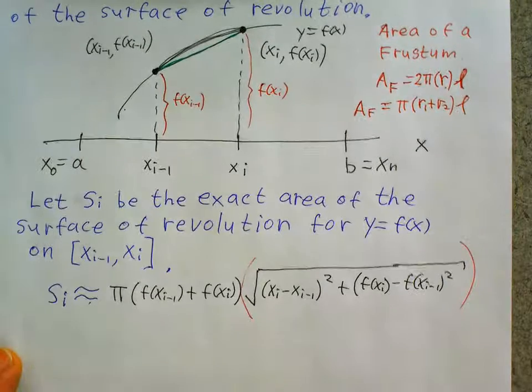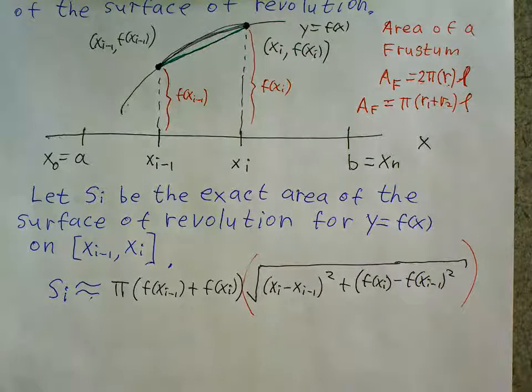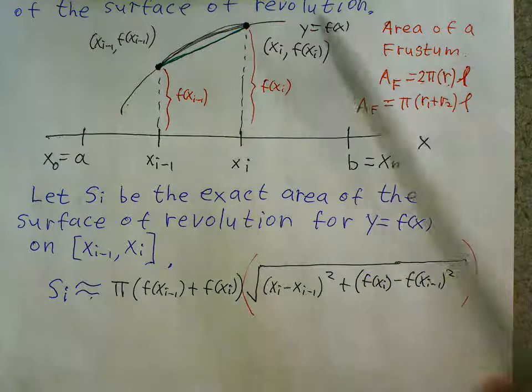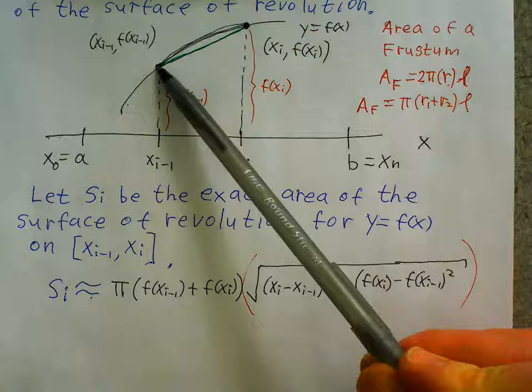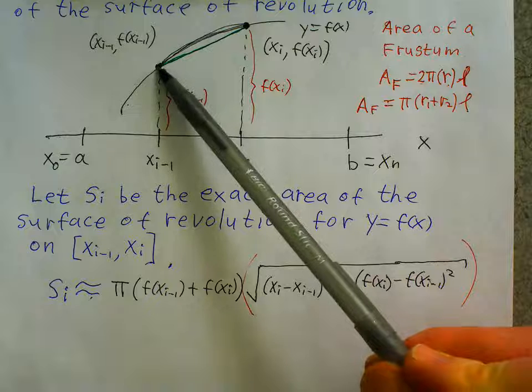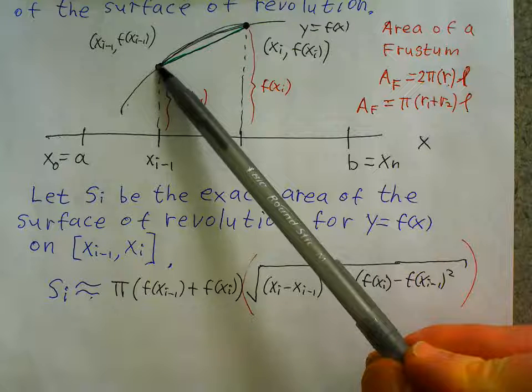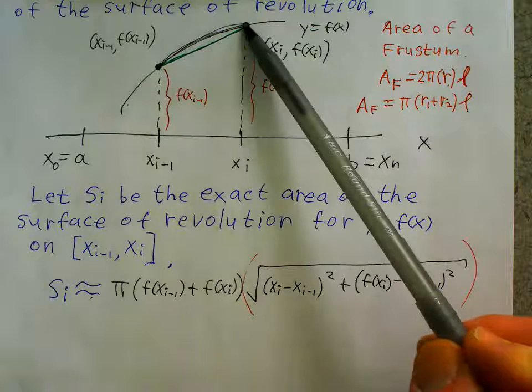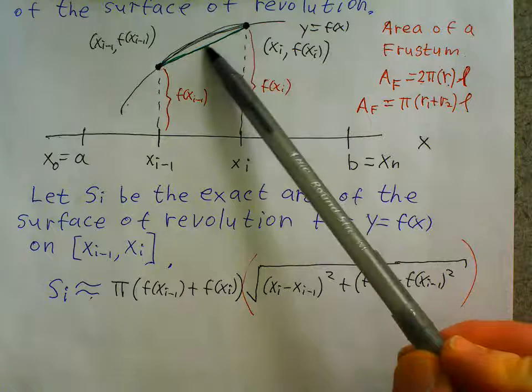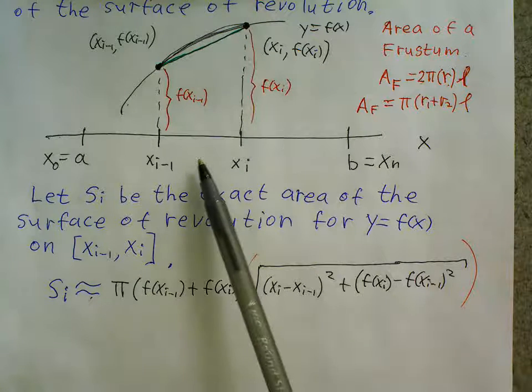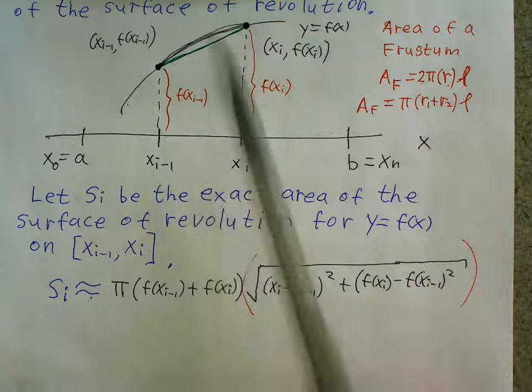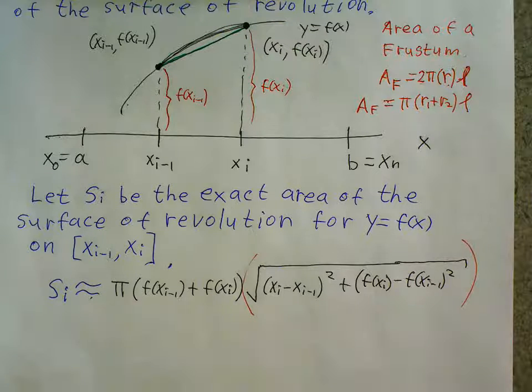Before I abandon the picture, it's pretty obvious when we look at the values between f of x sub i minus 1 and f of x sub i that there's some number x in this interval at which it's equal to the average of those two numbers.